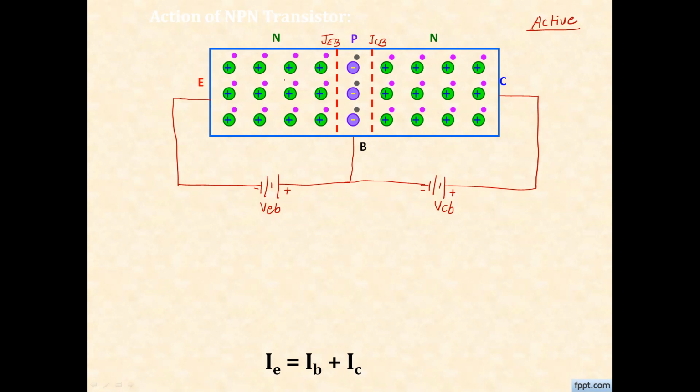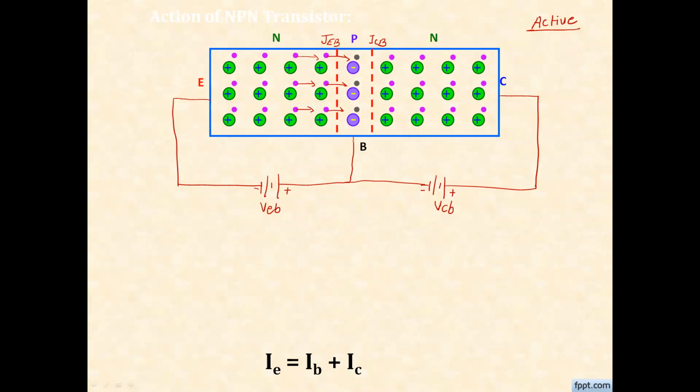What are the majority carriers in that N region? They are electrons, the pink color circles. When this N region is connected to the negative terminal, the electrons are repelled towards the junction, and these electrons will try to cross the junction.